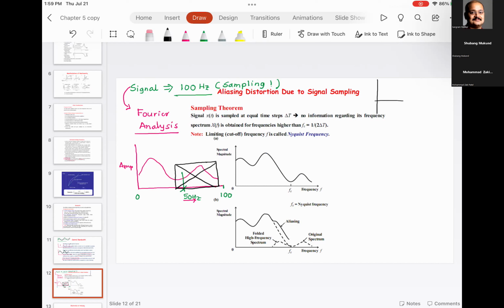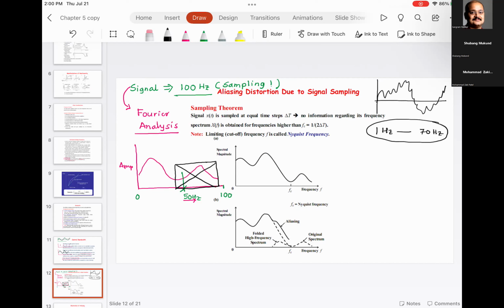Think of it as a super complicated signal with frequencies all the way from 1 hertz to, say, 70 hertz. You are sampling this signal.